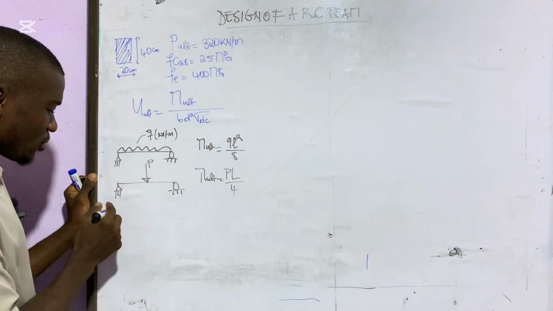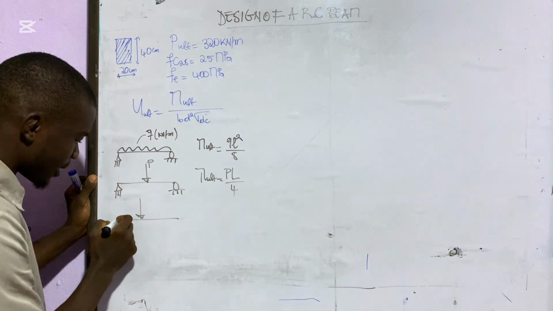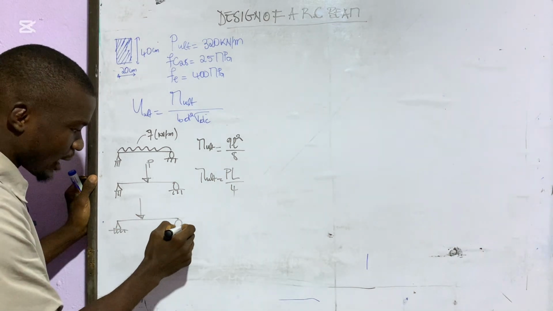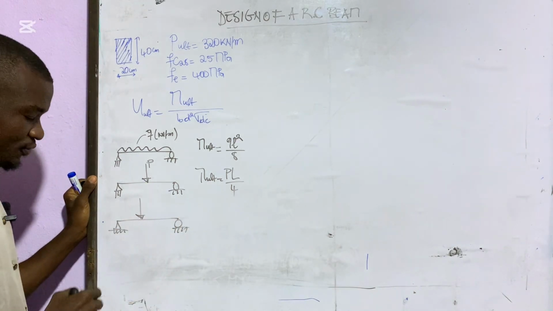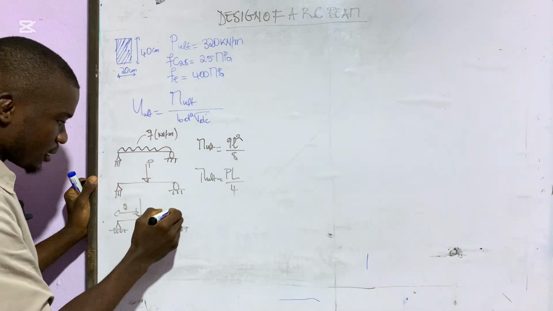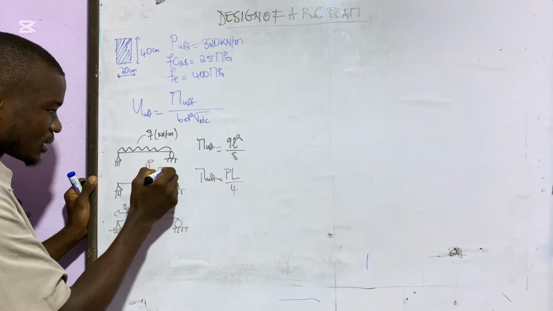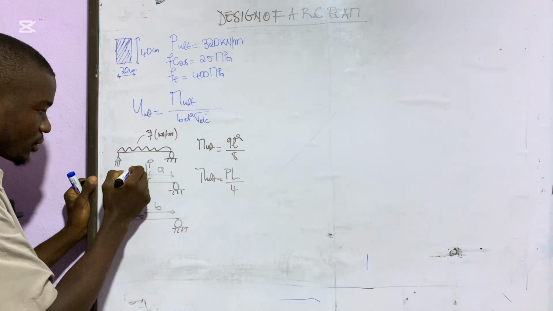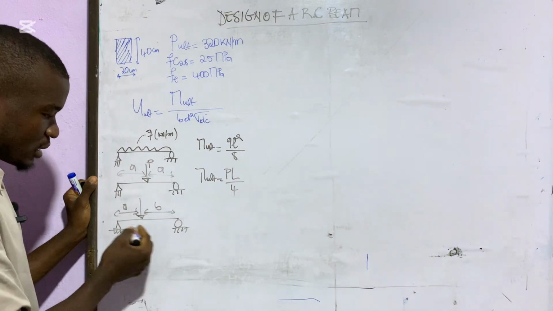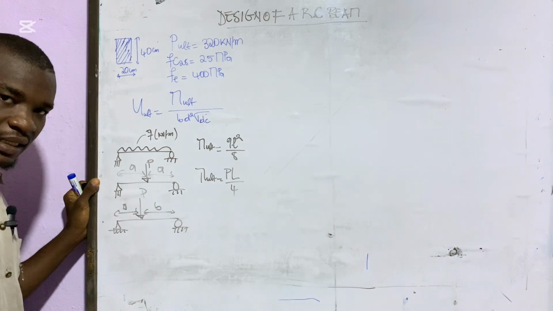Okay, then now, when the concentrated load is not applied at the center of your beam, like you have here A, and here the distance is B. Now you have A and B, so the distances are different, so the P here is not located at the center of your beam.